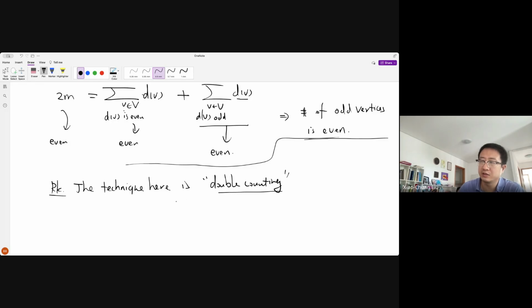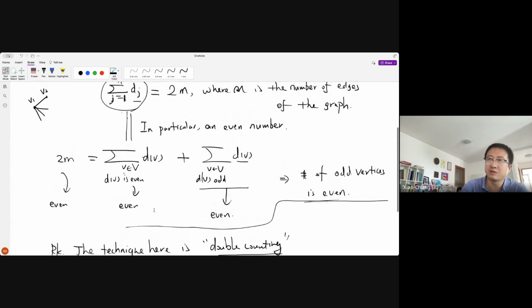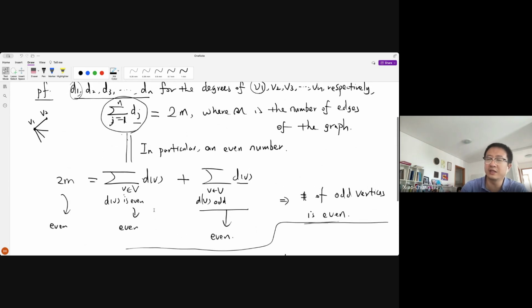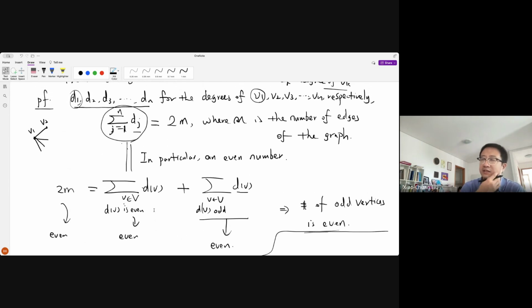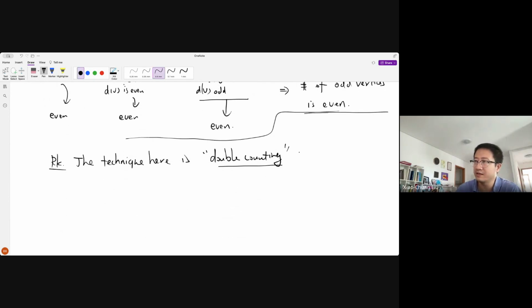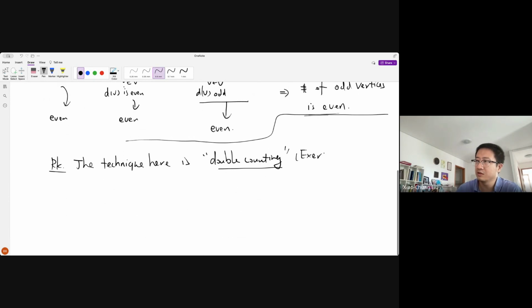You count something in two ways, right? So you can think about what thing we counted twice for this problem. You can think of it more as an exercise later. Sometimes it's pretty abstract.